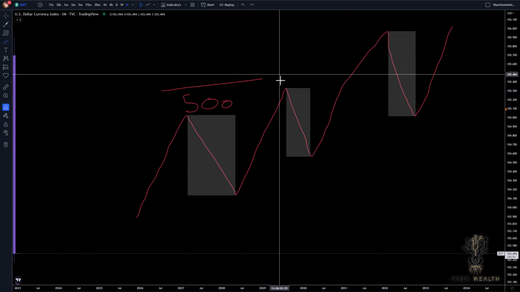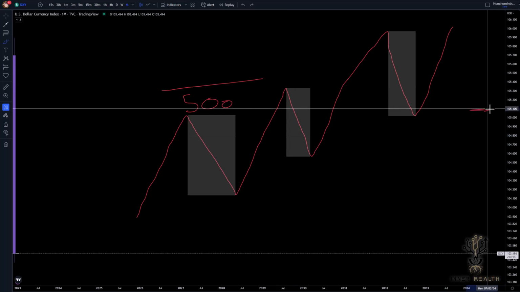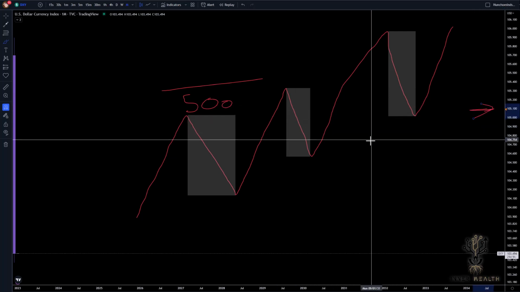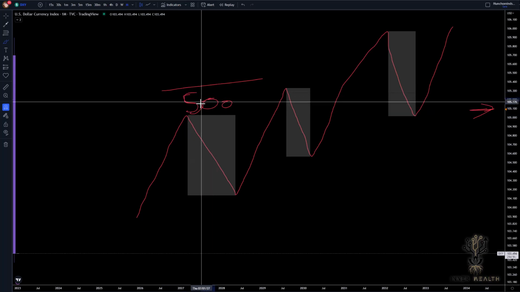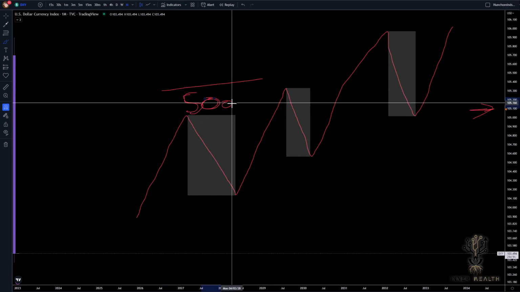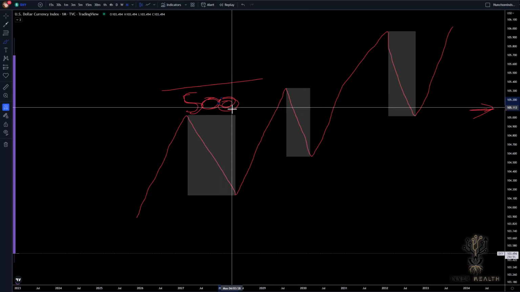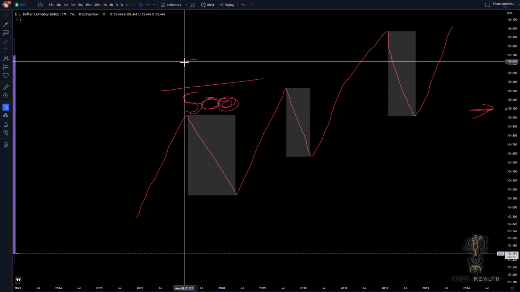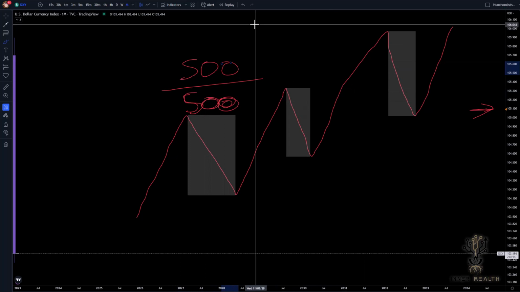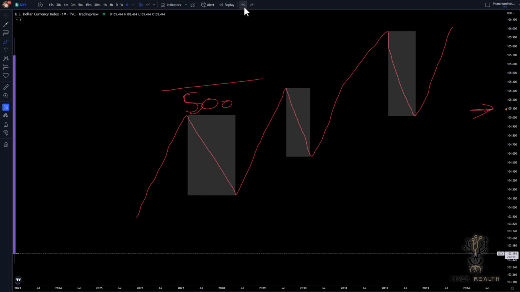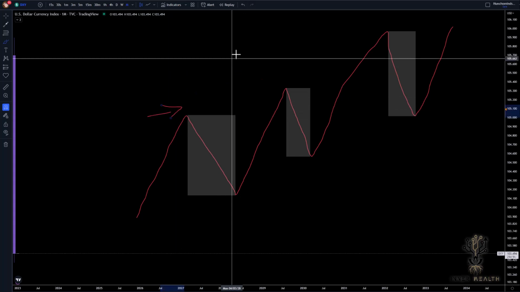Let's say the dollar's at 105. You want to buy $500 at the rate of 105, so you have to find somebody that's willing to sell you those $500 at the rate of 105. And so these institutions are the willing buyers to their sellers and the willing sellers to their buyers.